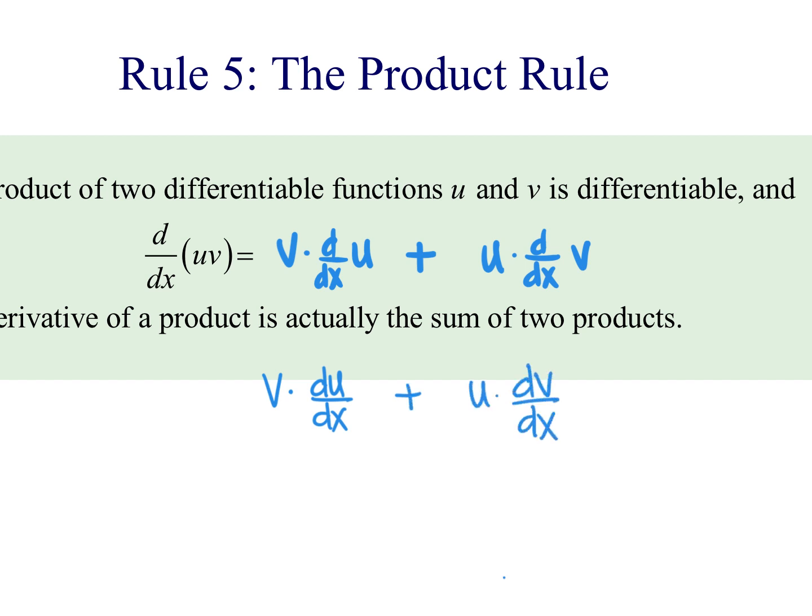Can anybody think of a different way I could write that? Prime, right? v times u prime plus u times v prime. That would all be the same too. Those are all equivalent ways of writing these derivatives. Primes and d's are all the same thing.